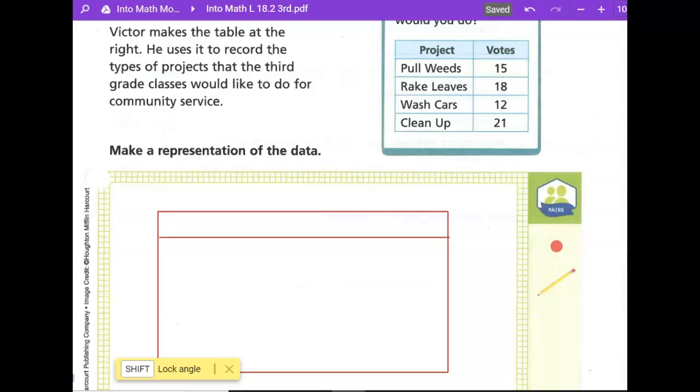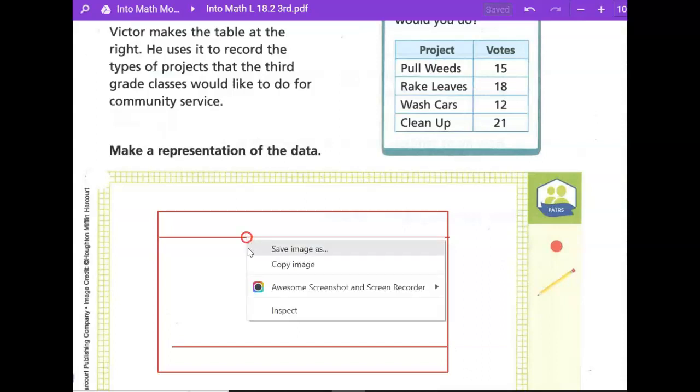And then we are going to divide our rectangle so that we have a column for the jobs and a column to put our pictures into. Let's try that again because we need a box at the bottom for our scale or our key.